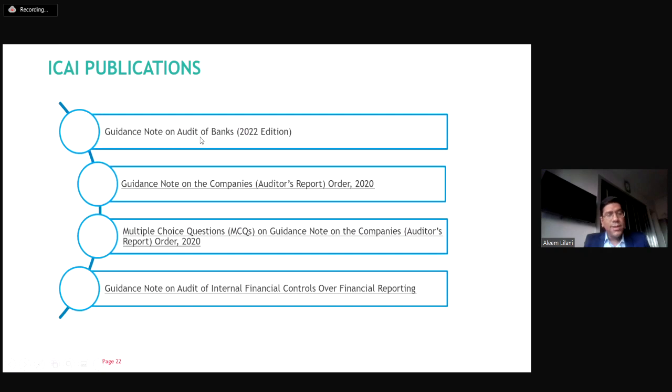The guidance note on bank audit gets revised every year and is available. The CARO guidance note that came out recently is of tremendous help. There was a multiple choice question guide on CARO as well, which is also very helpful. And of course, the guidance note on audit of internal financial controls over financial reporting, which came out some time back, but is most useful for us to plan the audit of the IFCs where applicable.